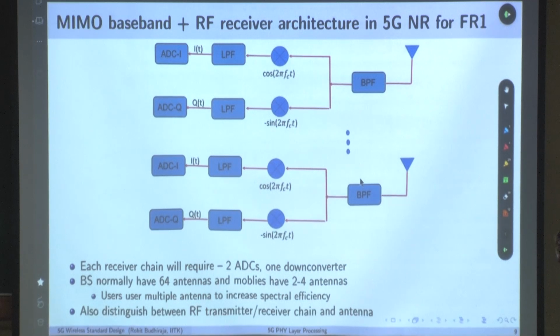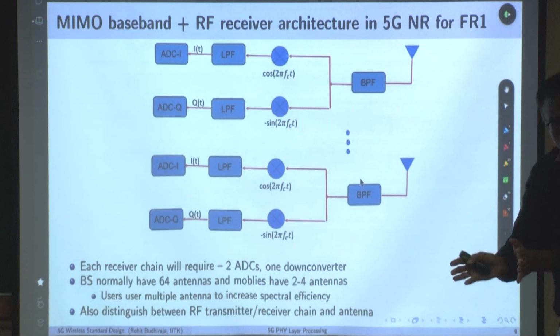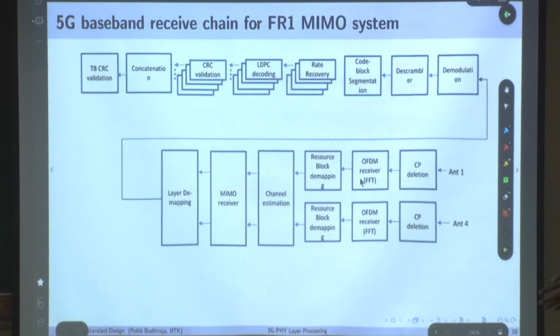In that case, if I say multiple antennas, don't assume each antenna has its own RF chain, because that will not be a completely digital architecture; it will be what is called an analog architecture or hybrid architecture.